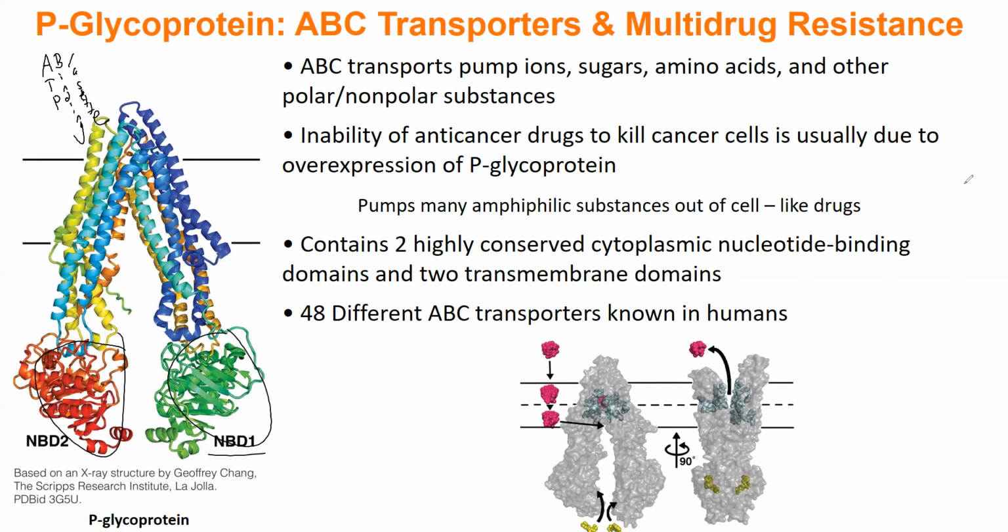And it's really annoying for cancer cells when you try to kill a cancer cell using drugs. One way they can get around that is that they can overexpress a certain ABC transporter called P-glycoprotein. What P-glycoprotein does is pump amphiphilic things out of the cell.